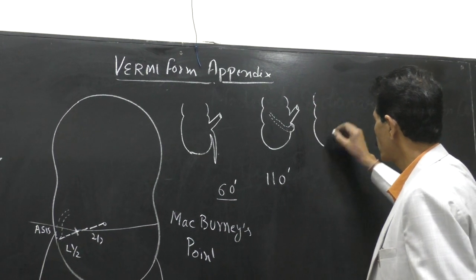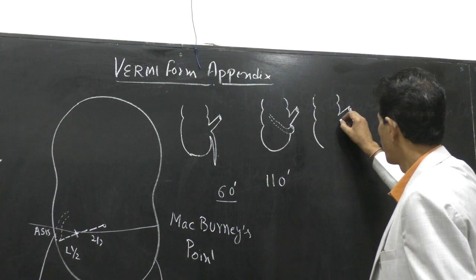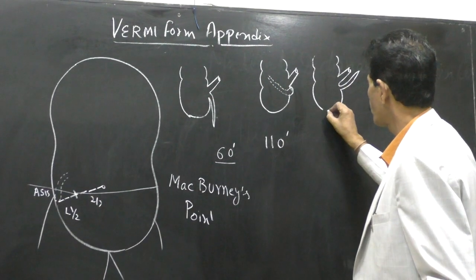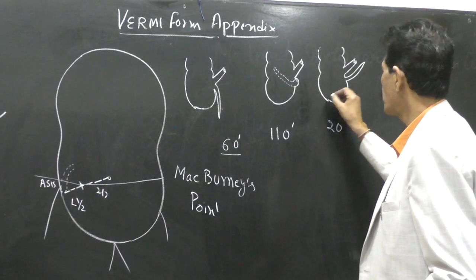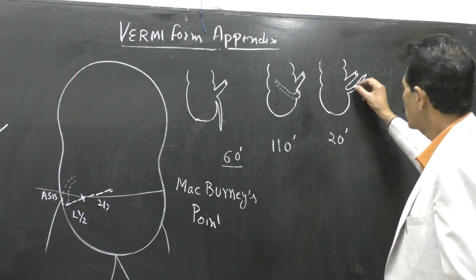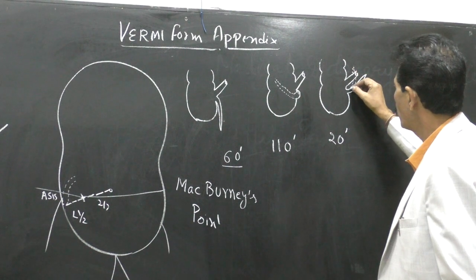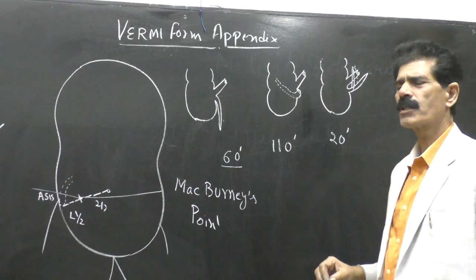Another position of this appendix is called the 2 o'clock position. This 2 o'clock position is the dangerous position of the appendix. It may be post-ileal or pre-ileal, but this is the dangerous position.